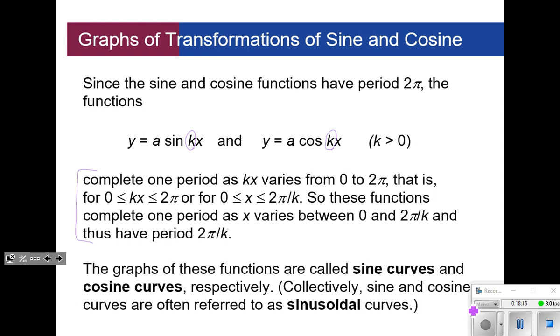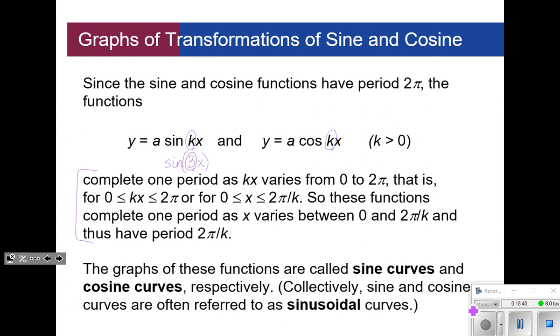So it tells us essentially, say I have sine of 3x, what that 3 in front of the x tells me is that I am literally going to have 3 full iterations of sine in my regular period of 2 pi.